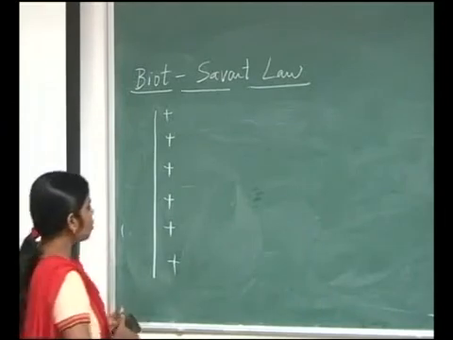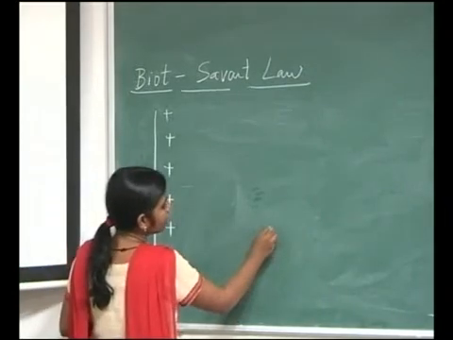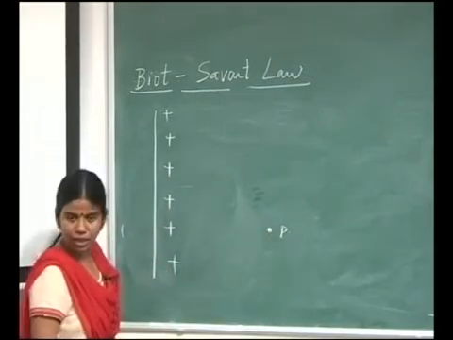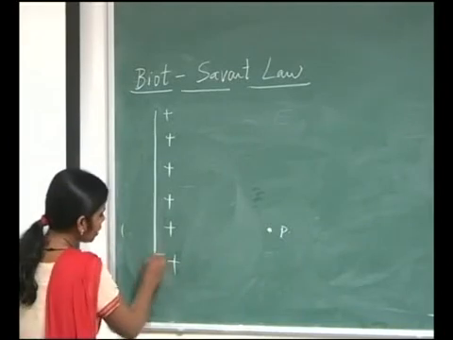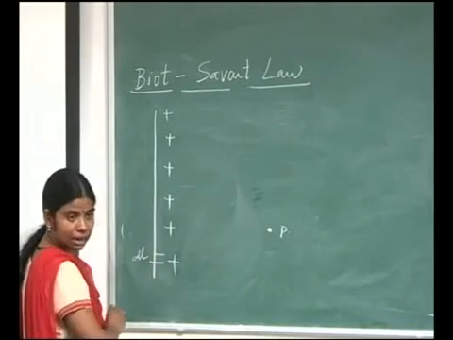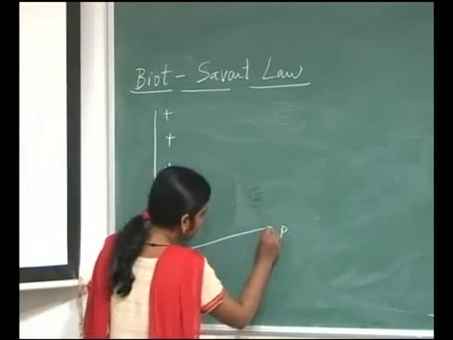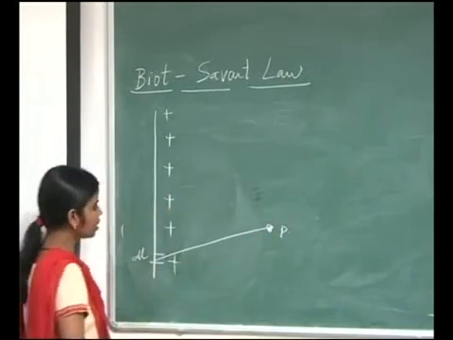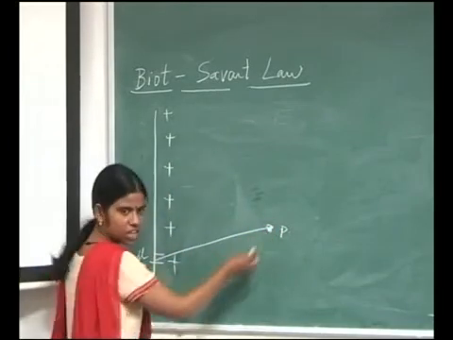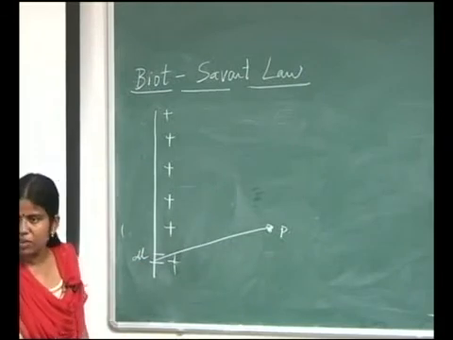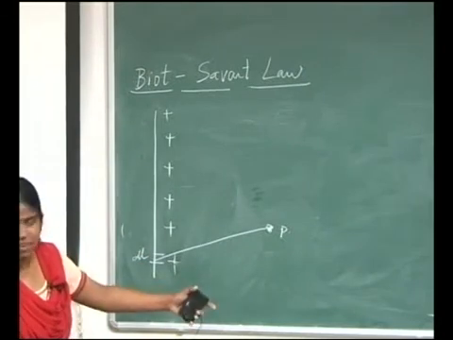Suppose I want to calculate the electric field at point P due to some element dl. I will put a test charge here, that is the way we calculate electric field, we put a test charge and integrate through that formula.